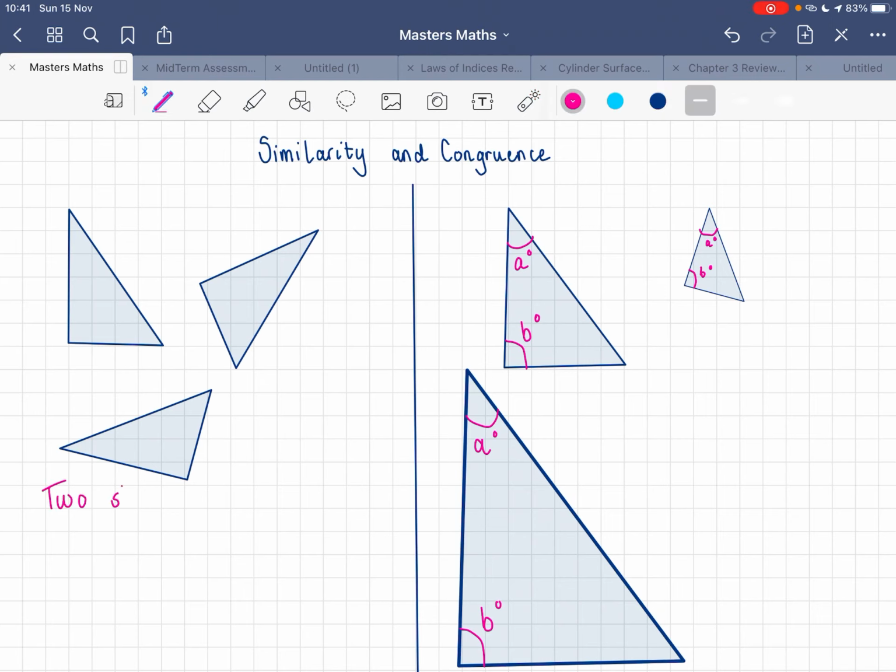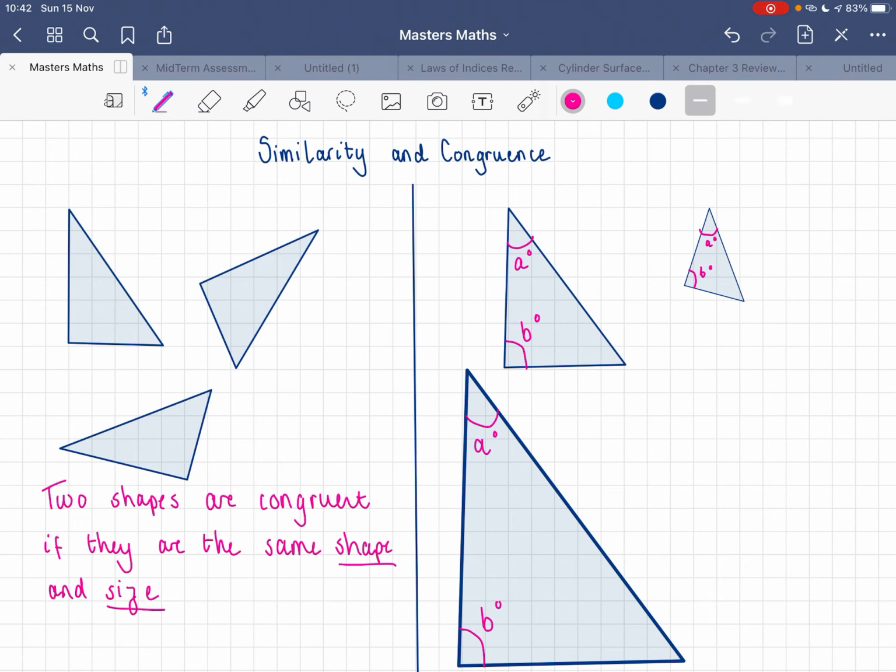So 2 shapes are congruent if they are the same shape and size. Okay, and it has to have those 2 things. They have to be the same shape and the same size to be able to be congruent.